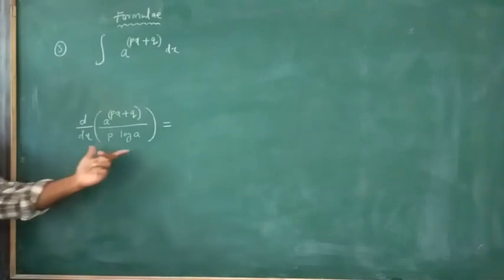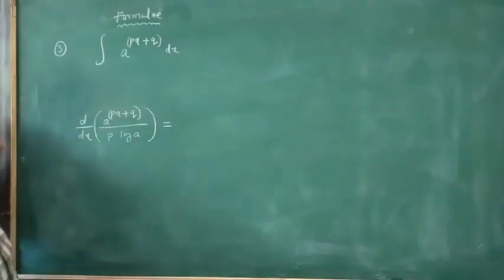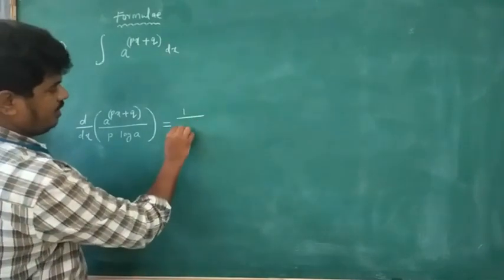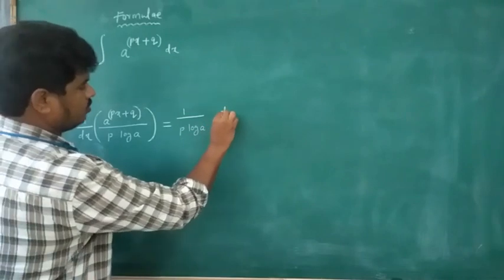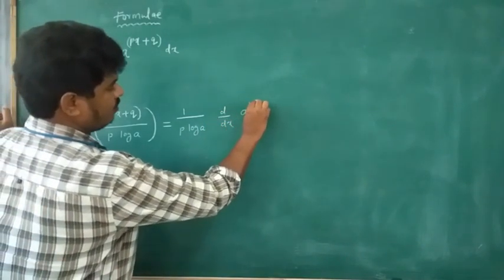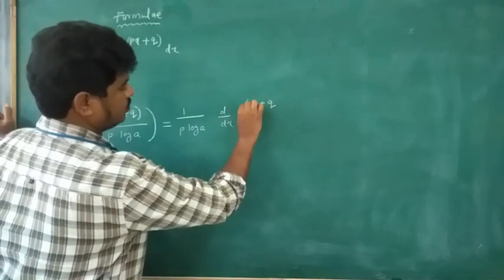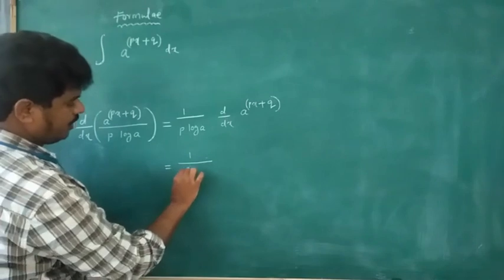See, p into log a is a constant, we can take it outside. So 1 by p into log a into d by dx of a to the power of px plus q. Now this is equal to 1 by p into log a.